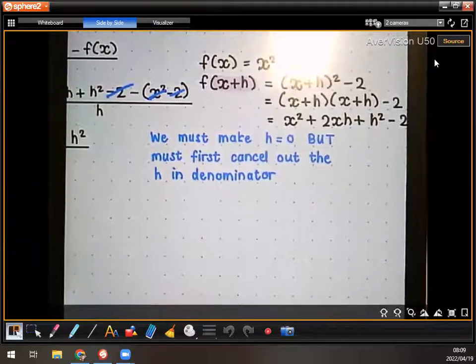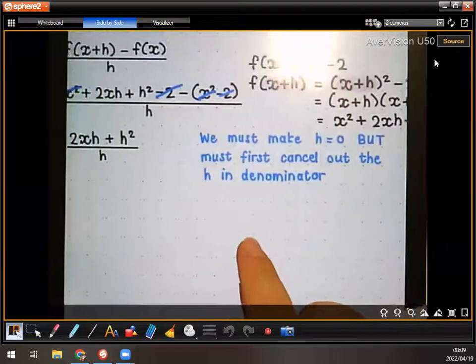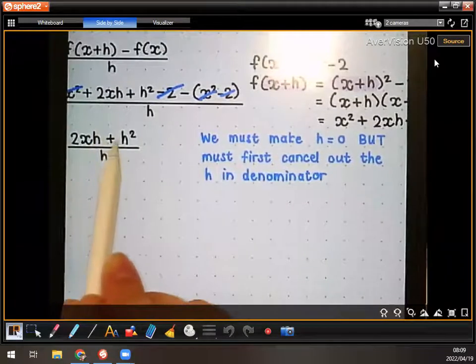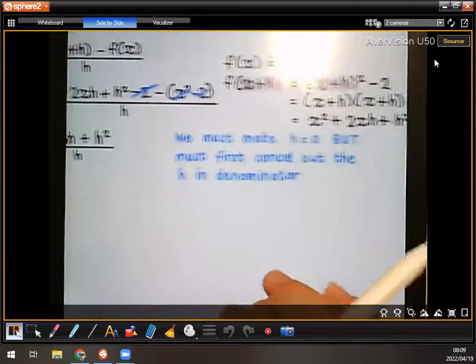Guys, the way in which we're going to do that is we're actually going to factorize the numerator. Right, and that is what we usually have to do.